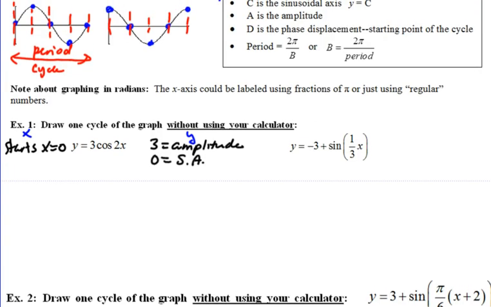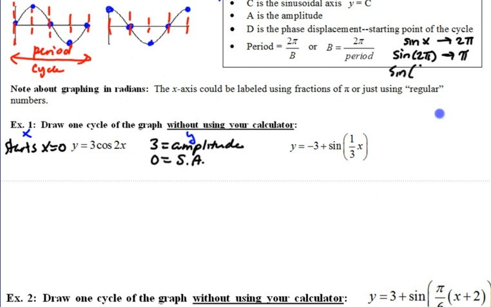Up here, I mentioned that the period is 2 pi divided by b. You might recall that if we have sine of x, the period is just 2 pi. If we have sine of 2x, multiplying inside the function has the effect of making the period half as wide. The period is only pi.